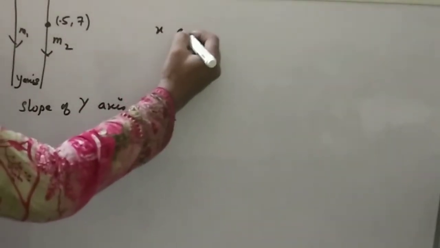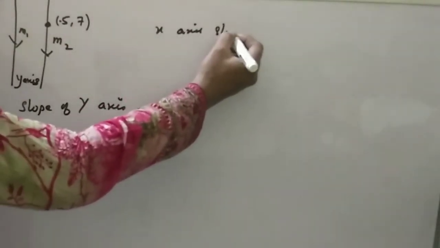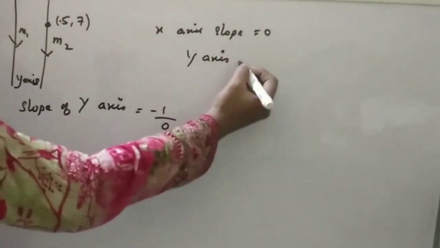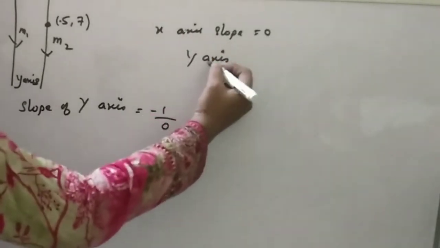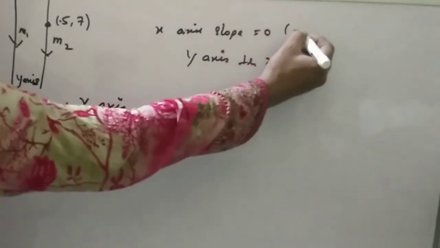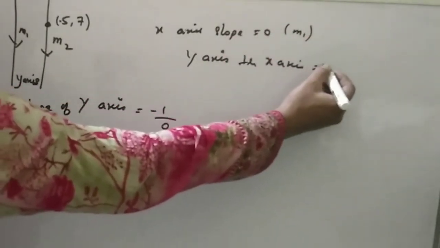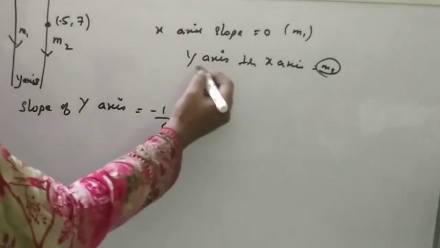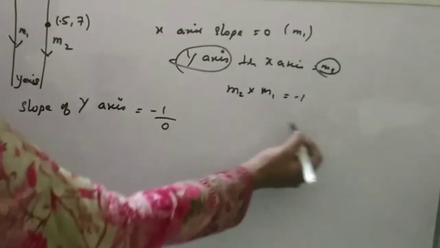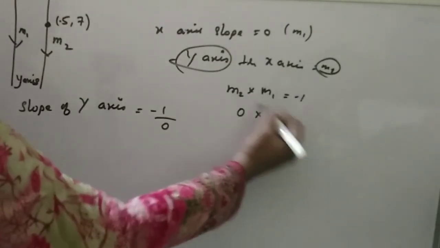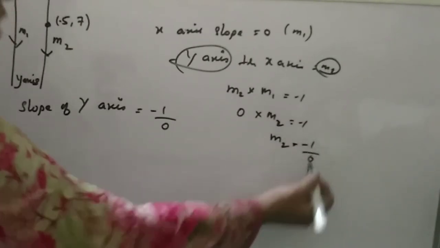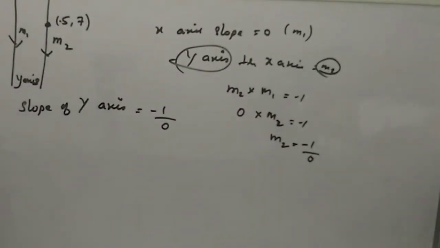Because the x-axis slope is 0, and the y-axis is perpendicular to the x-axis. So this is m1 and this one will be m2. We have to find the slope of the y-axis. So write m2 into m1 is equal to minus 1. 0 into m1, okay, m2 is equal to minus 1. Therefore, m2 is equal to minus 1 upon 0, we can write.